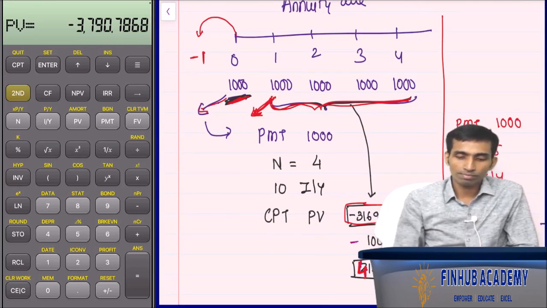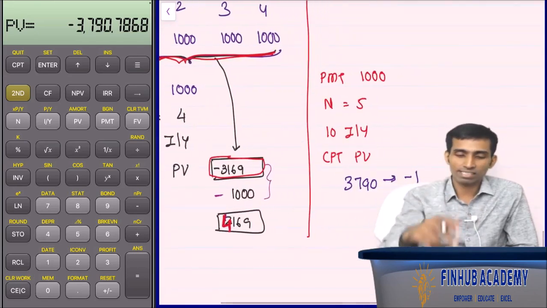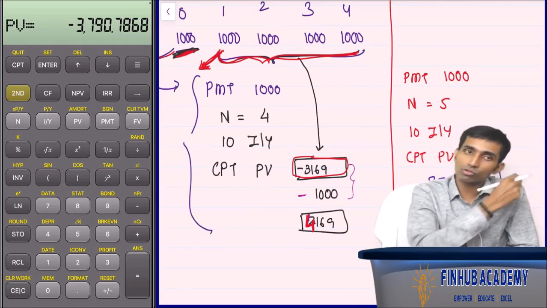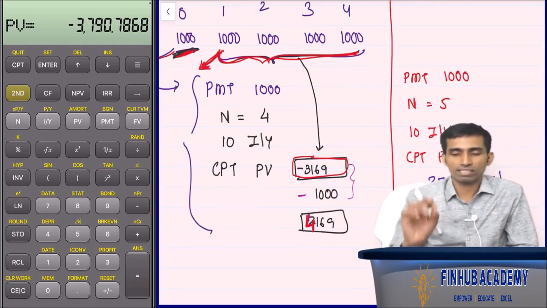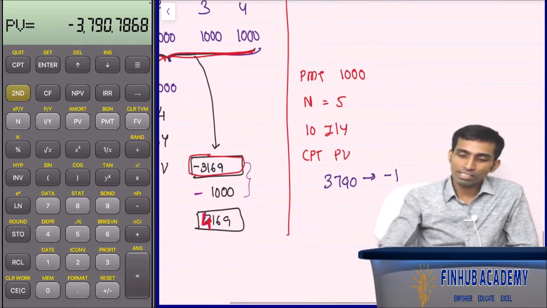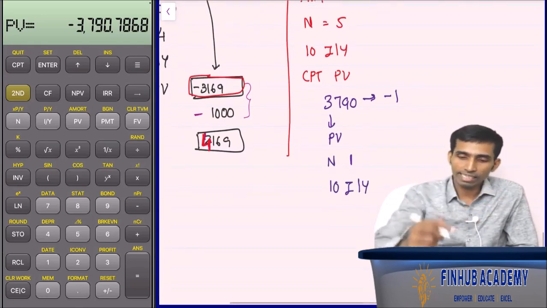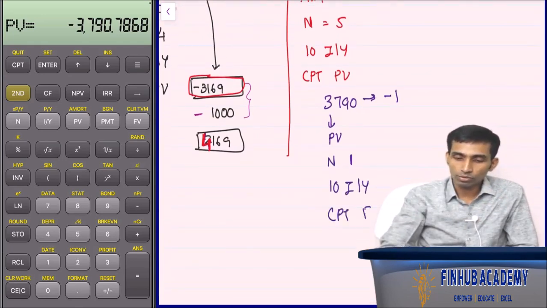So what I will do, see, this is all tedious, so I love this method. There is one more method that I will show you, but I love this method. This is the best. Here this is at minus 1, so I will take this as PV. I will take N as 1 because I have to go 1 year into the future, and 10 I/Y. I have to push it 1 year ahead, so I will compute the future value.